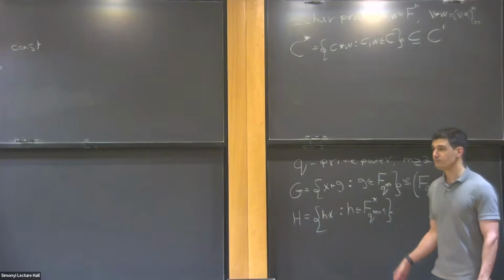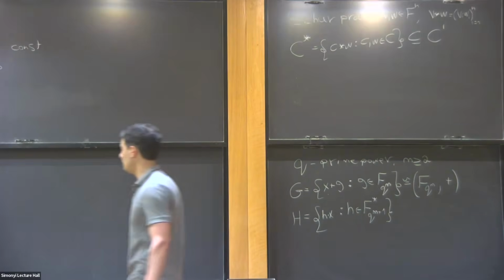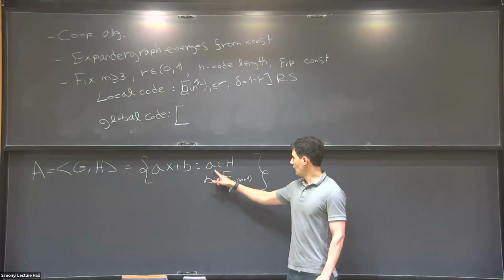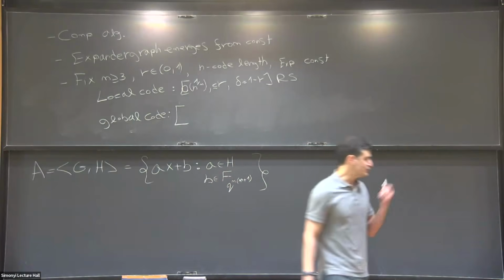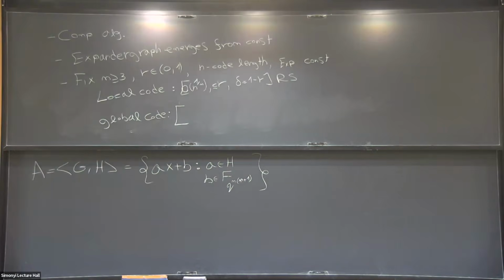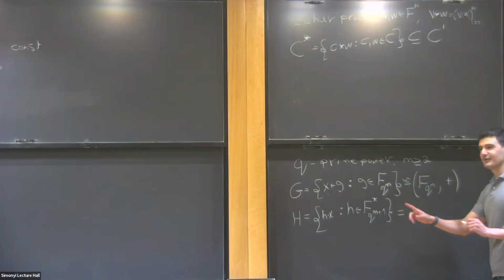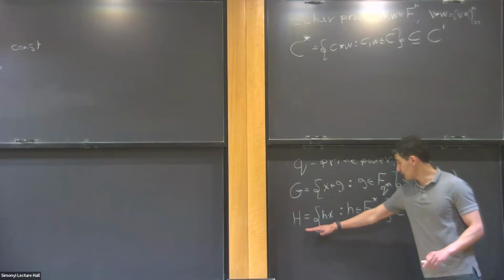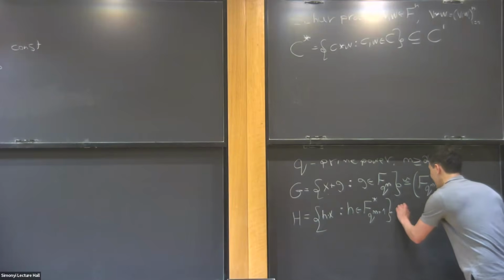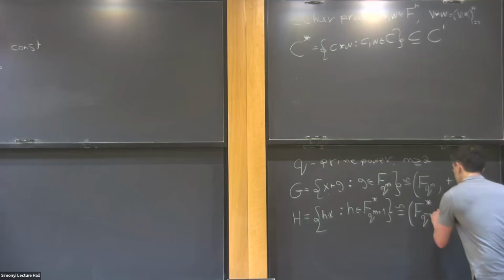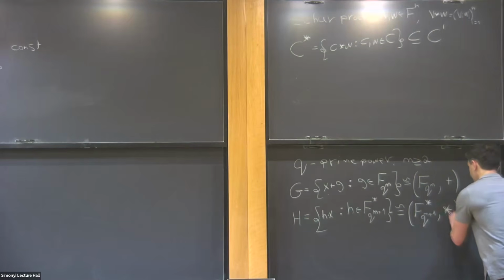I see. You could have called A little h. Yeah, maybe it's better if I call it that. I should have said it. This is a group of affine transformations, but as a group it is isomorphic to F_Q^(M+1) star with multiplication.